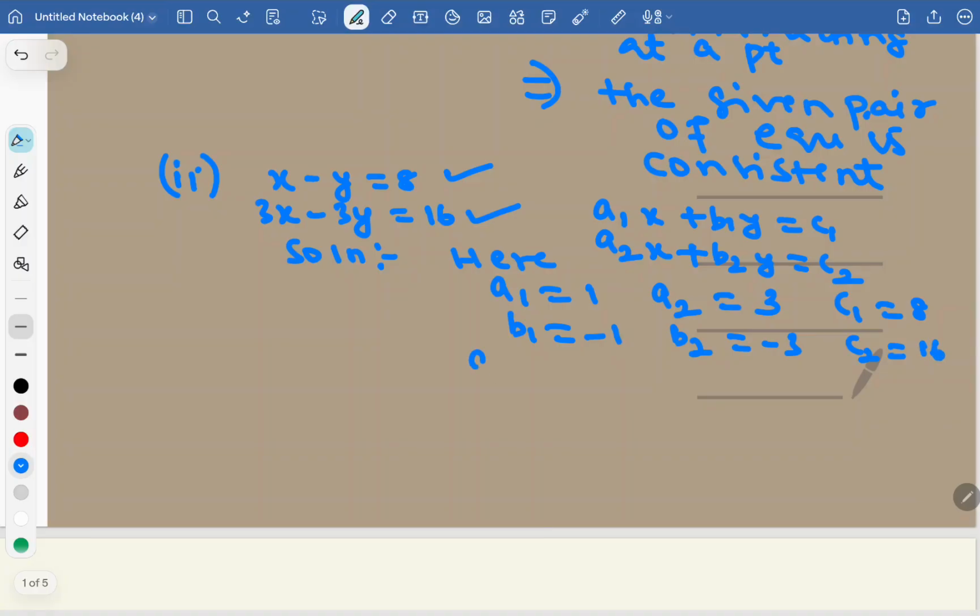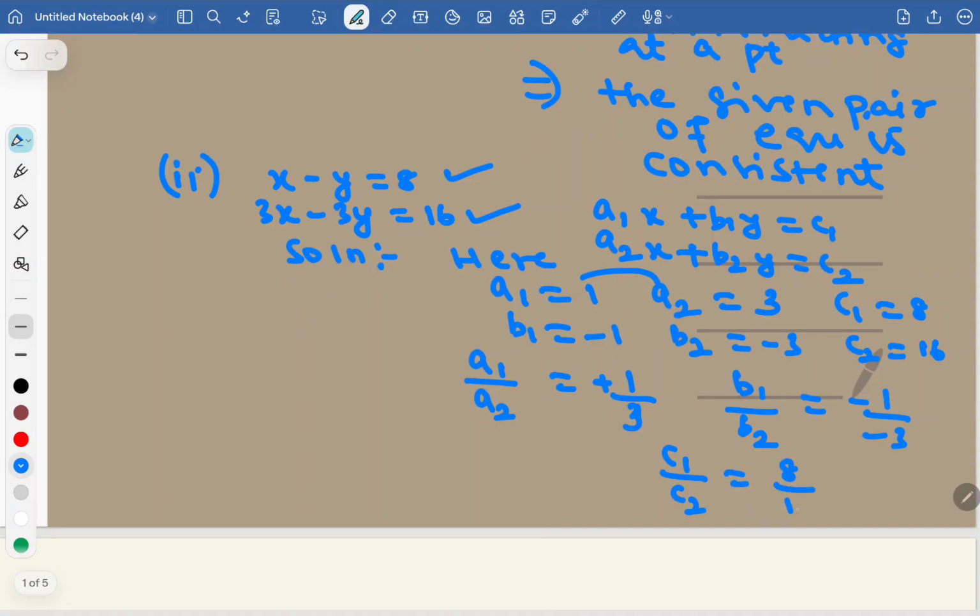Now find the ratios. a1 by a2 is 1 by 3. b1 by b2 is minus 1 by minus 3, which is 1 by 3. c1 by c2 is 8 by 16.